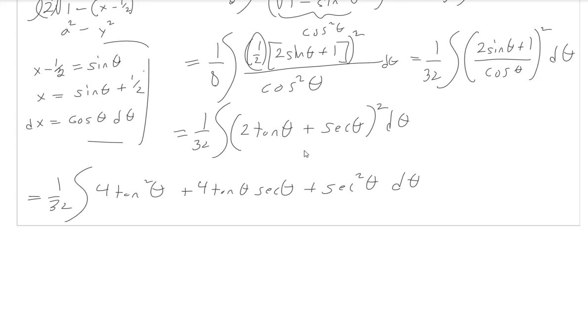All right. Most of these are solvable as they are. Secant squared theta, that's solvable. Tan theta, secant theta, that's solvable. Both of those are able to be applied. But tangent squared theta is not. We do need to replace that with secant squared theta minus 1 with its Pythagorean identity.